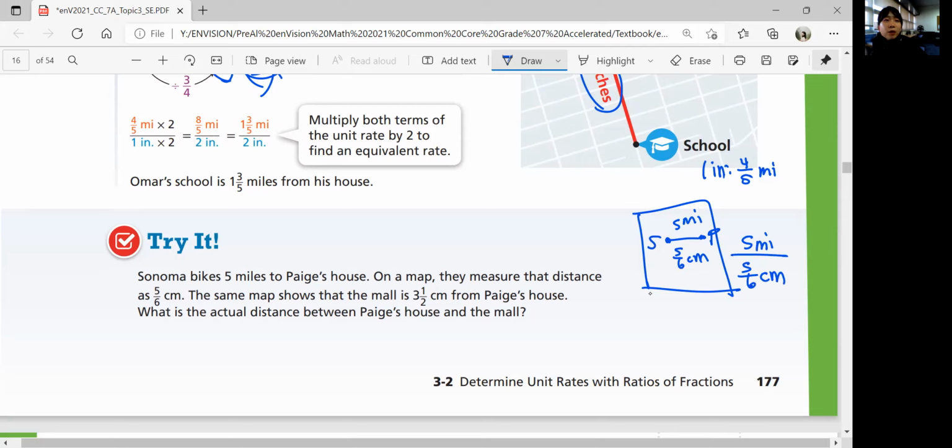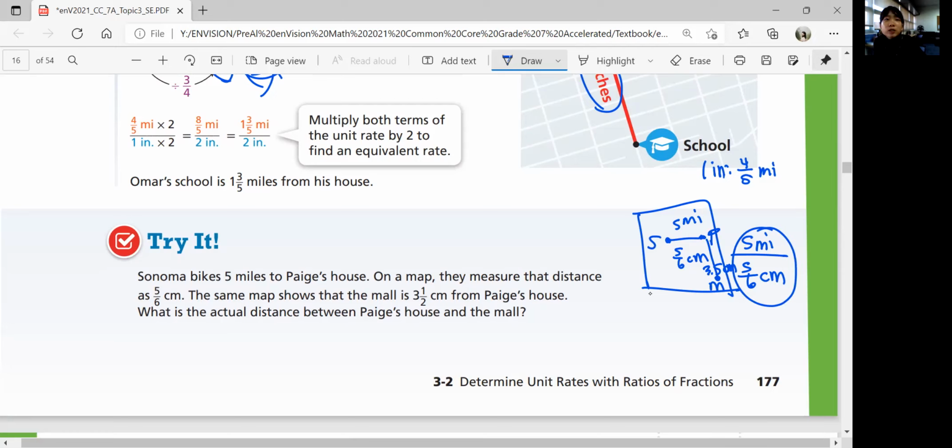And the same map shows that the mall is 3.5 centimeters away on the map, right? So then what is the actual distance? So that's your rate, your first given information. Change this to a unit rate. And then you convert that to 3.5 centimeters.